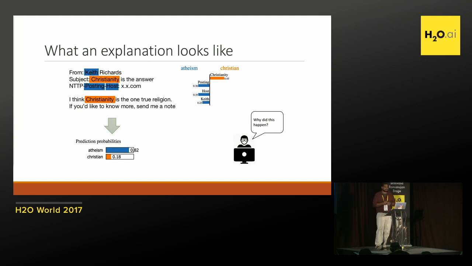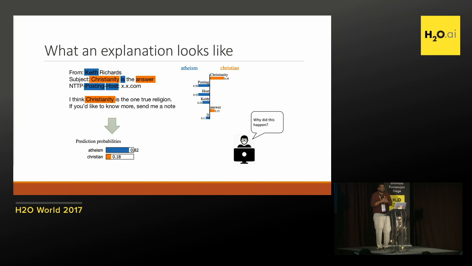Even the third word, which is the name of the sender, Keith, it turns out in this data set, Keith is highly correlated with being an atheist. Keith Richards especially, no surprise there. And that's also very indicative of atheism, right? And then there are some sort of lower important words, like answer and is, that seem to be one or the other with some low weight, right?